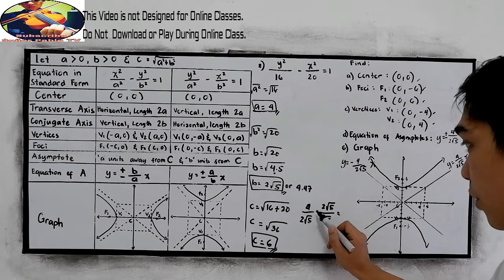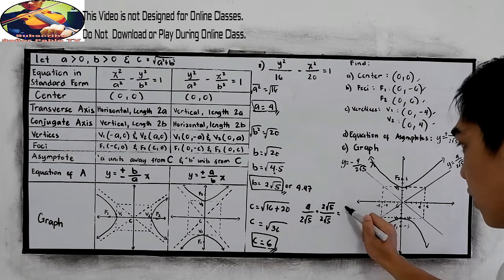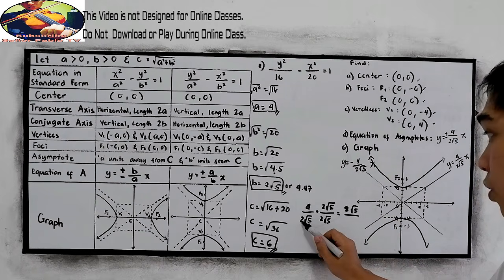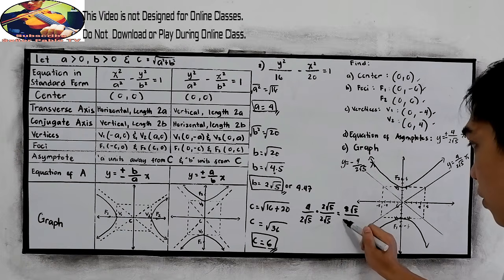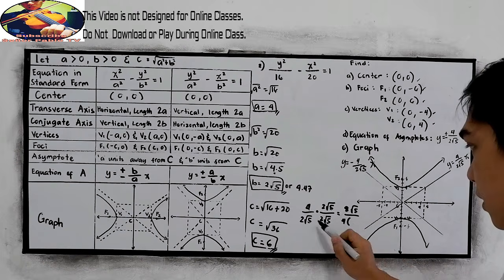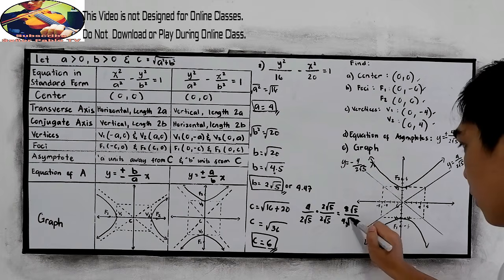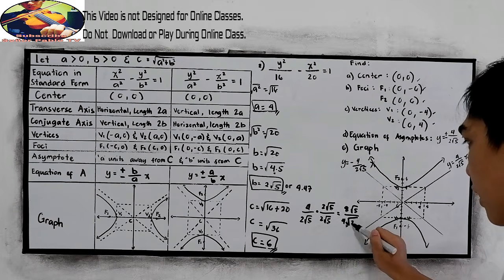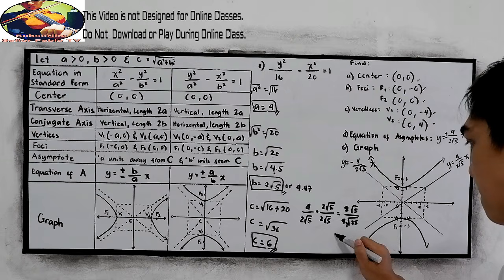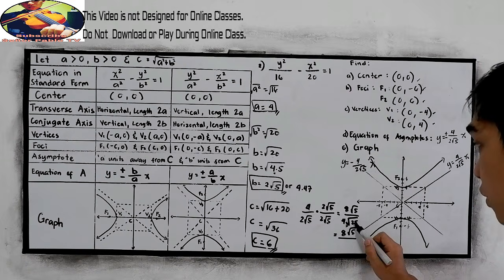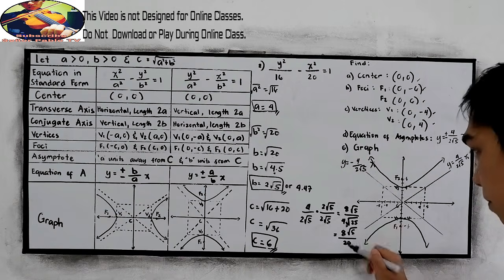So this will become 4 times 2, 8 square root of 5, all over 2 times 2, 4, times square root of 5 times 5, 25.